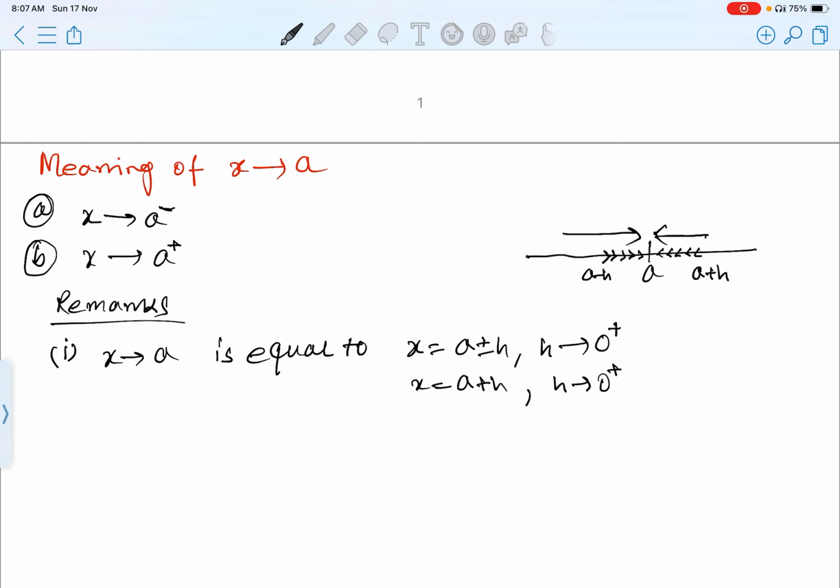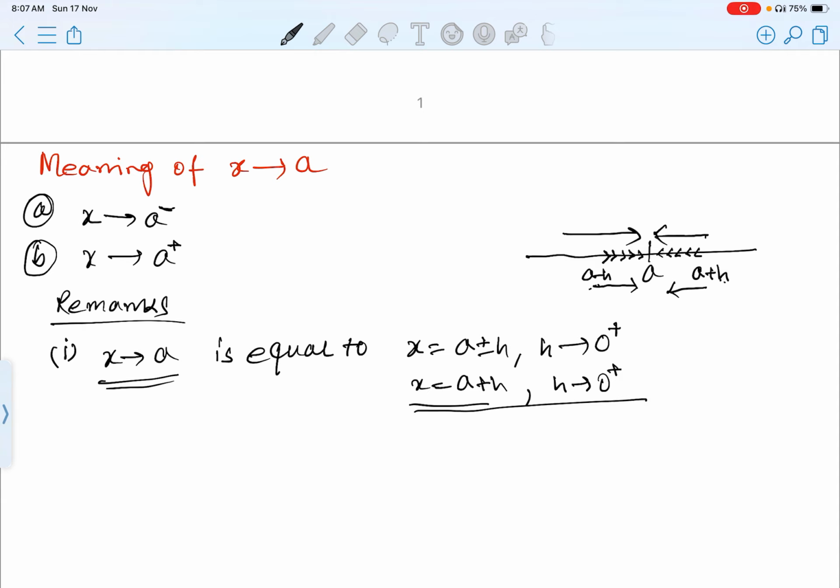Then a plus h tends to a. If h is going to 0, that means this is going to here now, clear? Also, look here, if h is going to 0, then a minus h is going to a only. So that statement is the same, this and this.